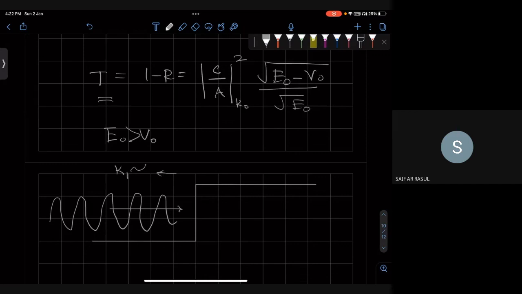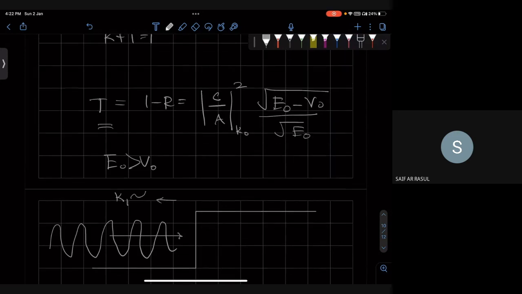But you find in that case that you still get this expression for T. So even in that case, some particles will get reflected. This has to do with the wave nature.